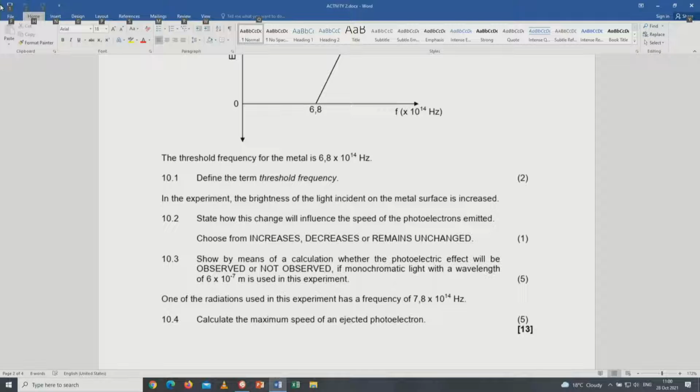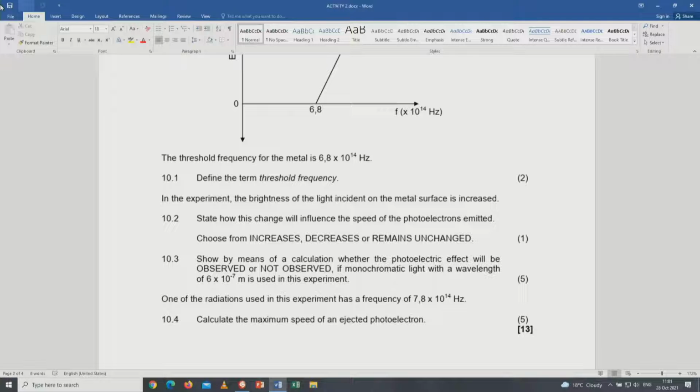We know Planck's constant is 6.63 times 10 to the power minus 34. And then this is multiplied by the frequency that is given, that is 7.8 multiplied by 10 to the power 14. And then here we have 6.63 times 10 to the power minus 34, and then the threshold frequency. I said the threshold frequency, you get it from the graph, where our graph cuts the frequency axis or the x-axis.